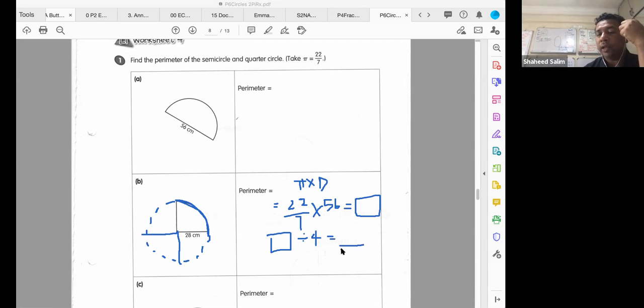After you divide by 4, you get your second answer. But that's not done yet. You must remember your second answer must add to what? Must add to 28 plus 28. So down here, plus 28, plus 28. Then you will get it. Anyone can get the answer now?